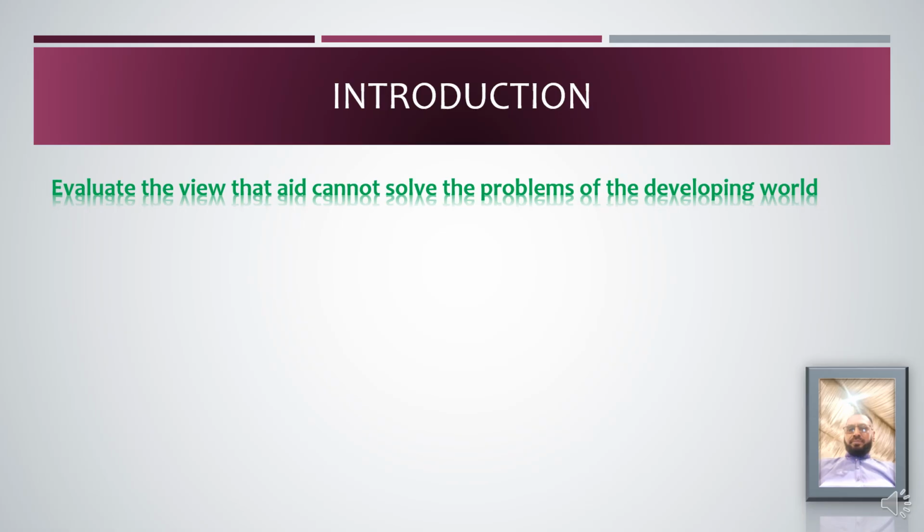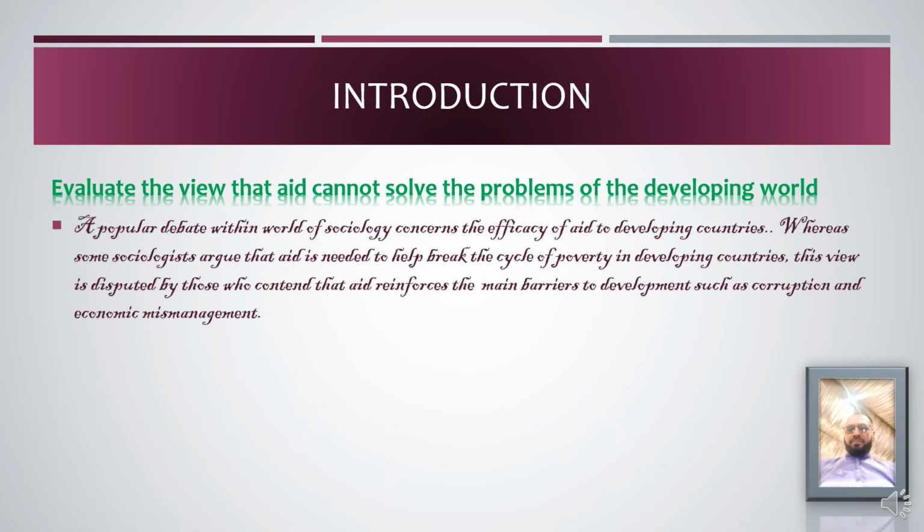In lieu of this question, a popular debate within the world of sociology concerns the efficacy of aid to developing countries, whereas some sociologists argue that aid is needed to help break the cycle of poverty in developing countries. This view is disputed by those who contend that aid reinforces the main barriers to development, such as corruption and economic mismanagement.